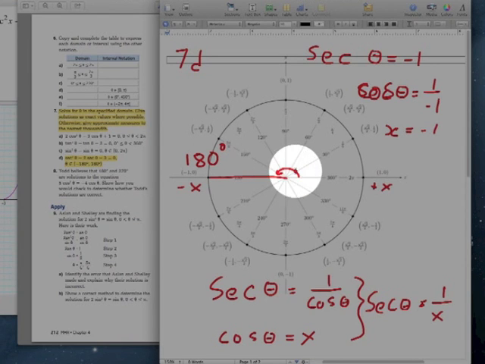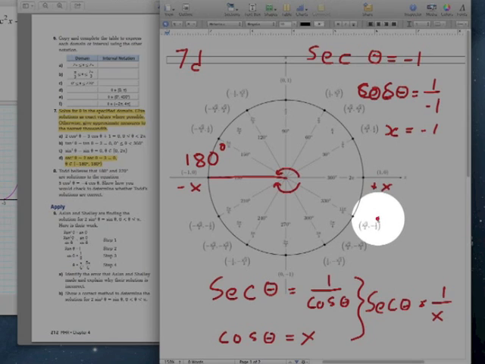So I'm sitting here at 180 degrees. The standard answer would be that -1 gives us 180 degrees, but we could have this as an answer too, right? -180 degrees. Now we need to figure out which of those two answers is valid.